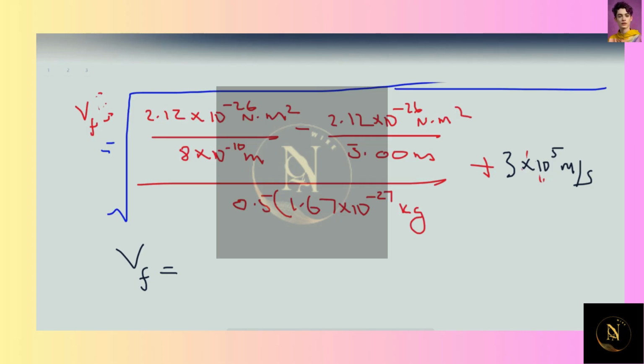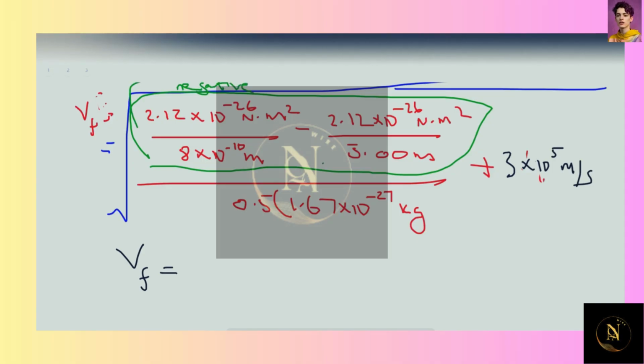One of the things that's going to come out is that this numerator is going to be a negative number. When you do the math, you'll find that the numerator right here will be a negative number. And that's understandable because this second part of the problem is divided by a bigger number.